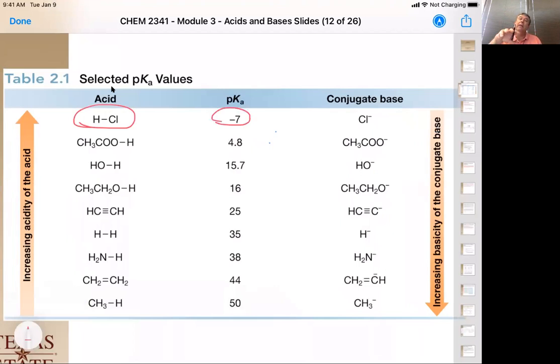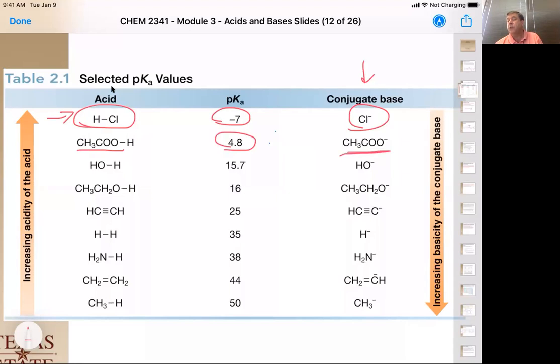If we take that HCl and donate a proton, we become a conjugate base, right? And that conjugate base right here is the chloride ion, okay? The chloride ion is actually a very weak base because this was a very strong acid. Let's move up to acetic acid. We've got that pKa in that 4 range.